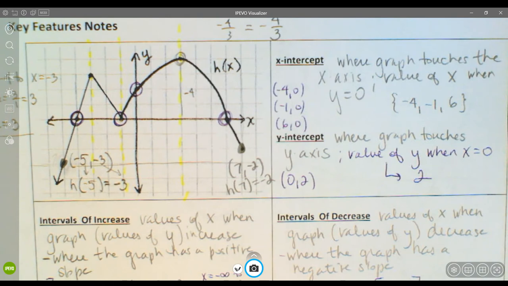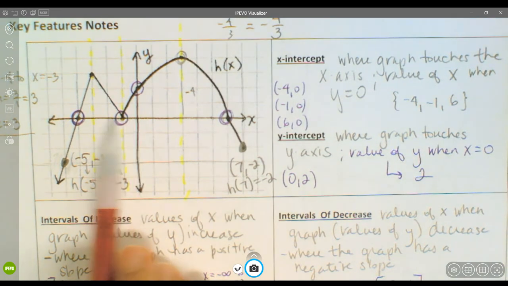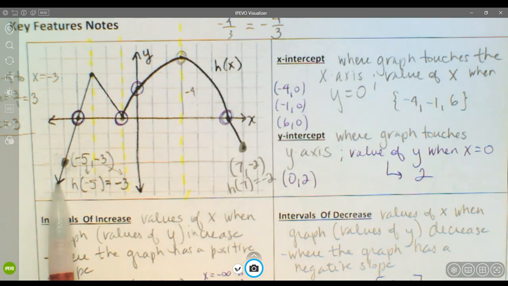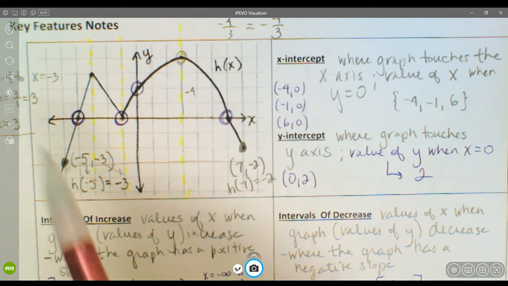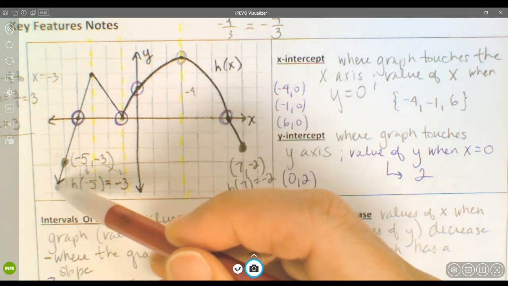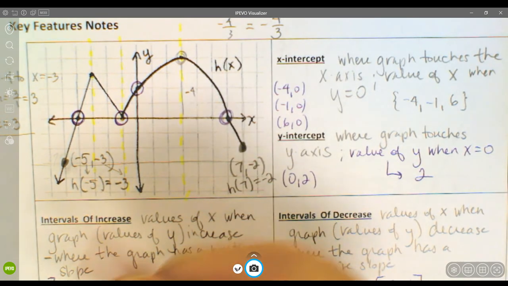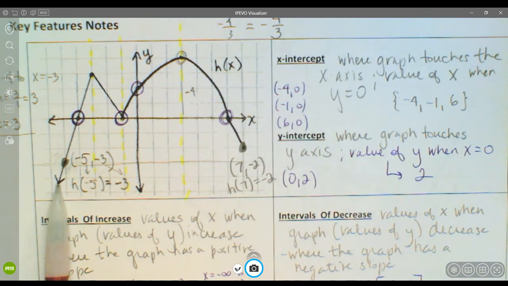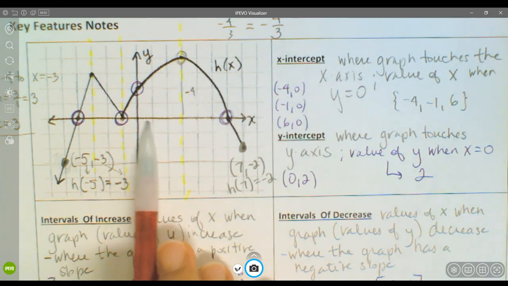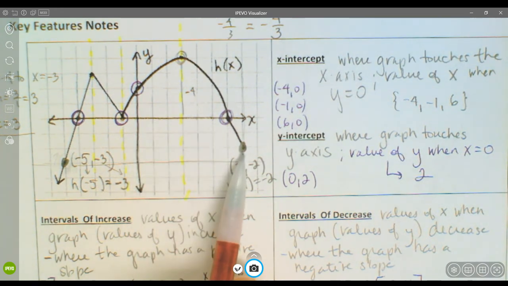So let's look here at the graph. How far to the left does this thing go? Well, look at this point. Well, it looks like it's going to -infinity. Well, Robodeer, it's pointing down. Yeah, but as it's pointing down, it's also left. So see how it keeps going lefter and lefter? So my leftmost point is -infinity. How far to the right does this go? Well, it stops here.